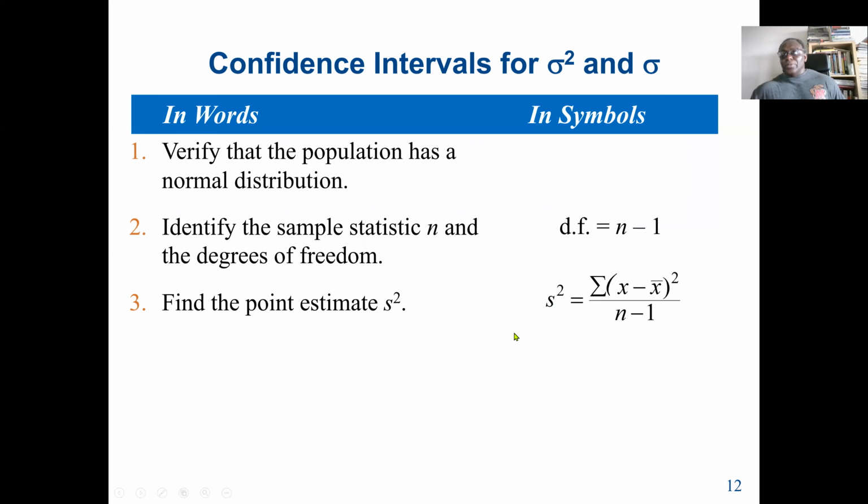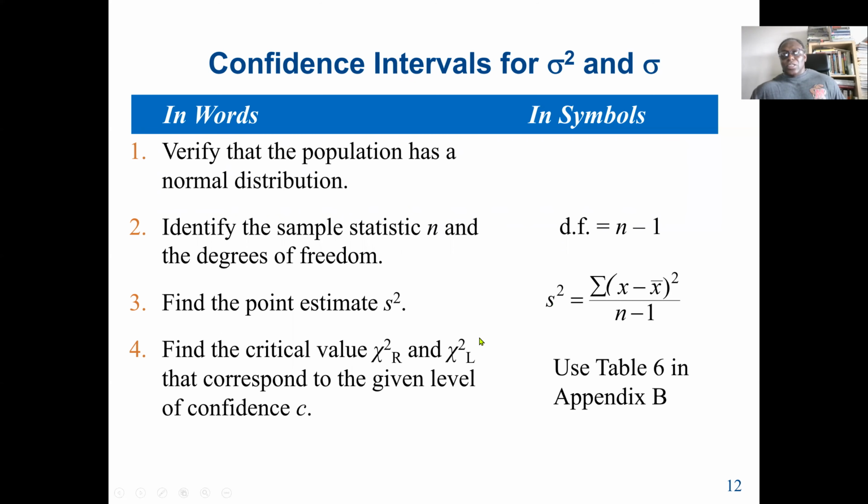After that, we use the two values here again to get the critical values for chi-square, the left and the right, that will correspond to the given level of confidence C. And that's what we did in the previous example.